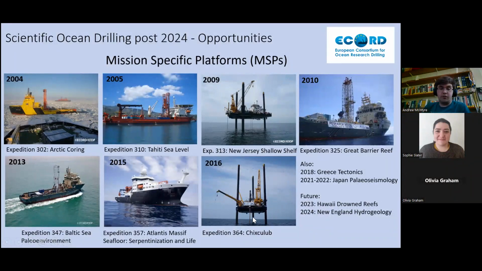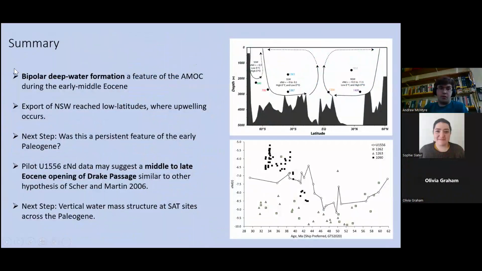And we can also drill in very shallow waters, such as the Chicxulub crater. So I wanted to highlight that just because the current IODP program is finishing and the JR is retiring, there are still opportunities to be involved in scientific ocean drilling, and ECORD and the mission-specific platforms are a great opportunity to be involved.